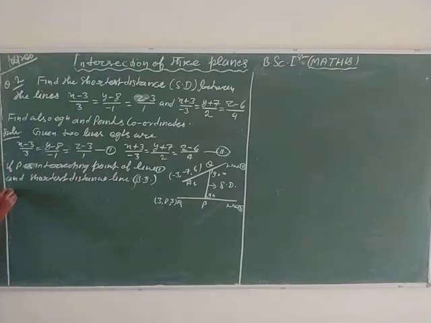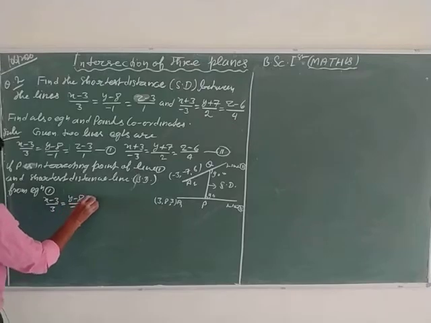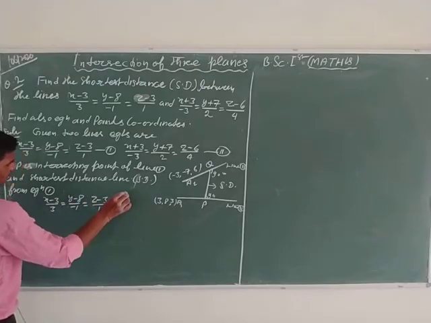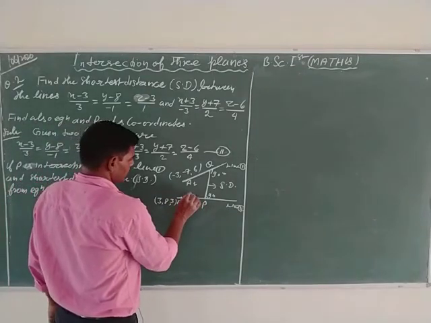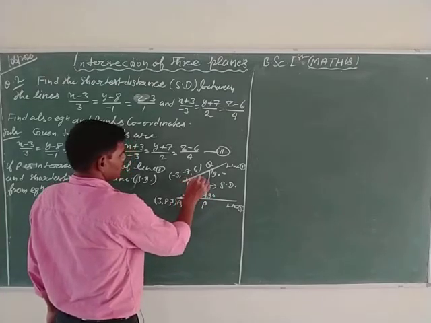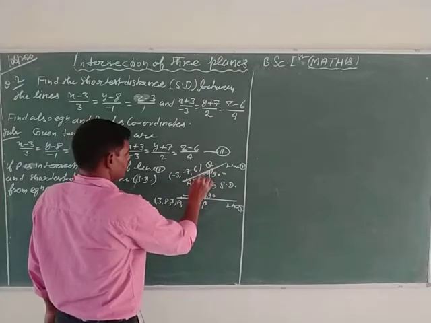So from equation first, (x minus 3) by 3 equals (y minus 8) by minus 1 equals (z minus 3) by 1, suppose this equals R1. Here R1 is the distance between A and P, and R2 is the distance between A and Q, as you can see in the figure.